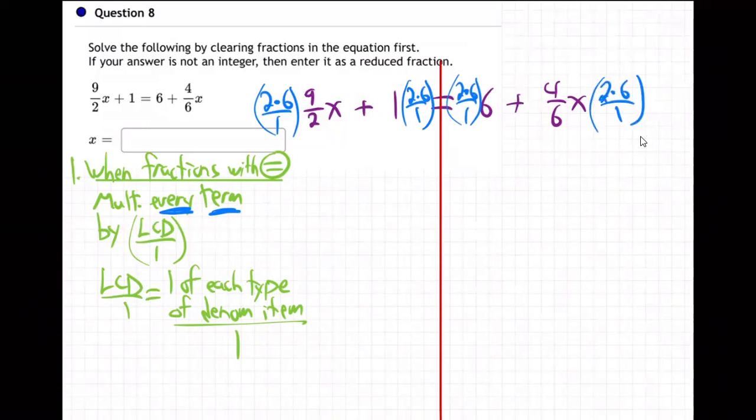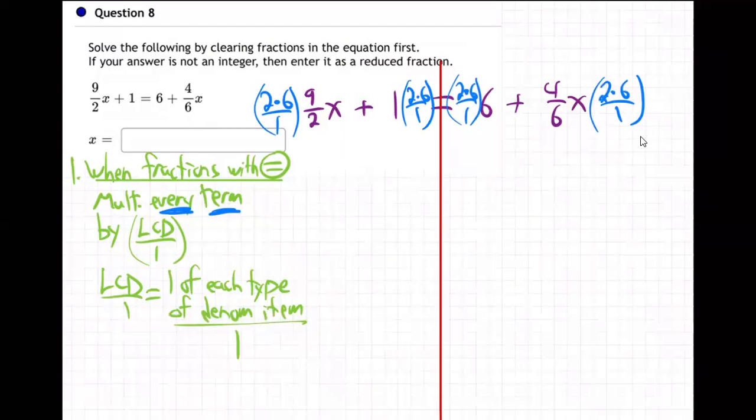Does that make sense what I just did? I did LCD over 1 to every term. And what is the LCD? It stands for least common denominator. Now, technically, this isn't the least common denominator.